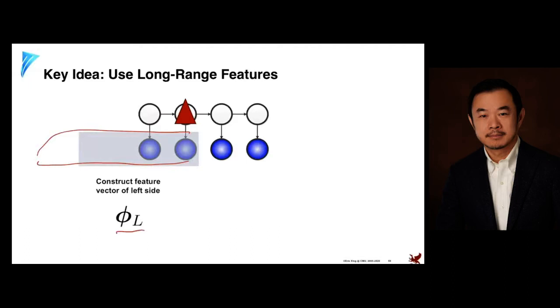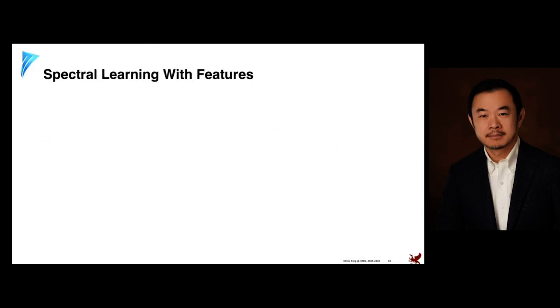You can basically write the number of A's I see, or for the past 1 to K positions, is that an A or not? Something like this. So it's an arbitrary feature vector. And likewise, you can have a right feature vector with respect to this pivot.